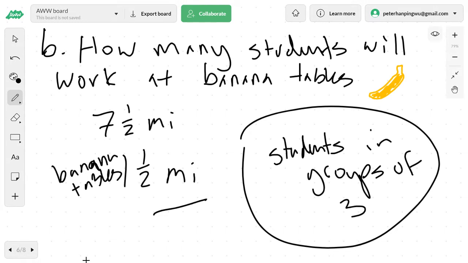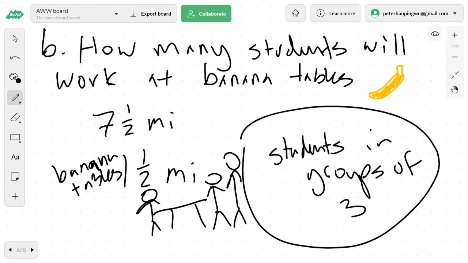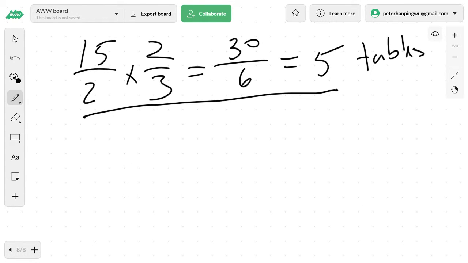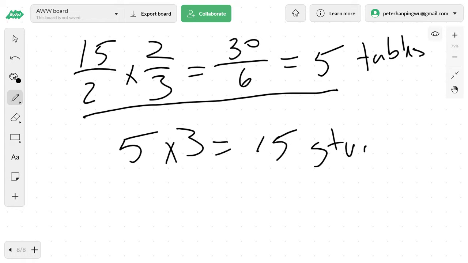So at each table, you're going to have 3 people, right? 1 person, 2 people, and a third. 3 people at each table. And now we know that there's 5 tables. So 3 people at each table for 5 tables is just going to be 5 times 3 equals a total of 15 students at banana tables.